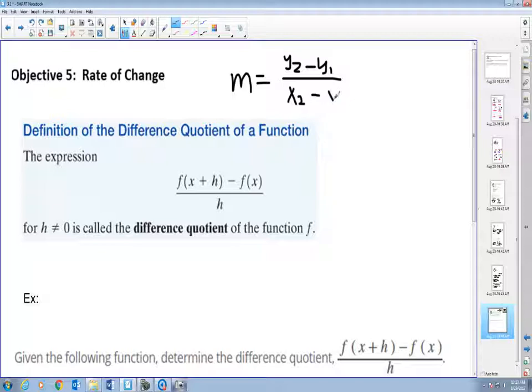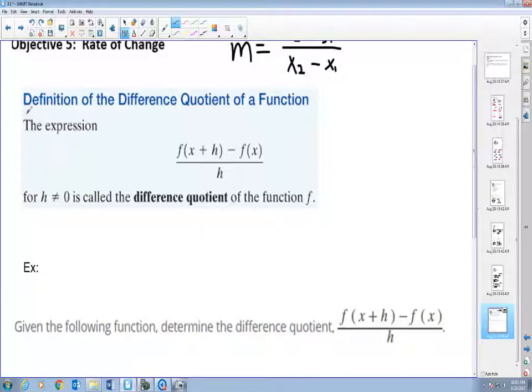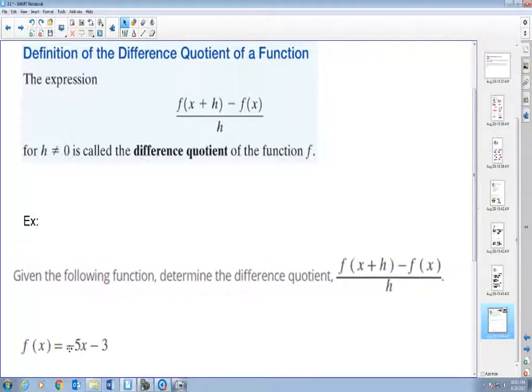Okay, so this formula is very similar to the slope formula of a linear function. You can see that subtraction right there. So the difference quotient of a function is using this formula. Now what we just did applies to a problem like this.